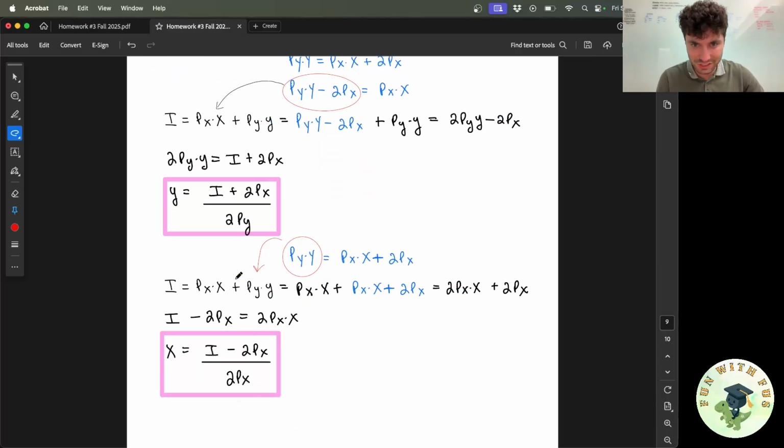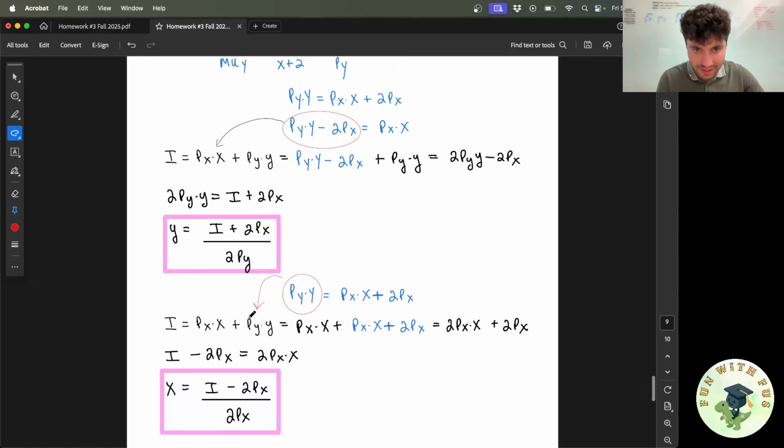Interestingly, I think she plugs it in twice. Something interesting with this problem is you can always re-plug in. Where I defined y up here, I can re-plug in y and then isolate for x, and that will get me my answer.